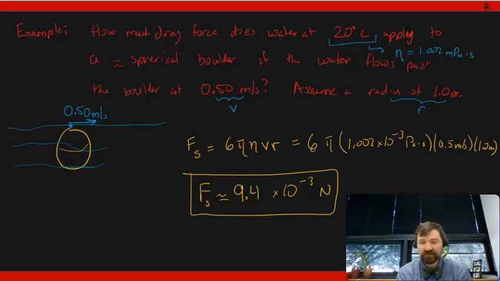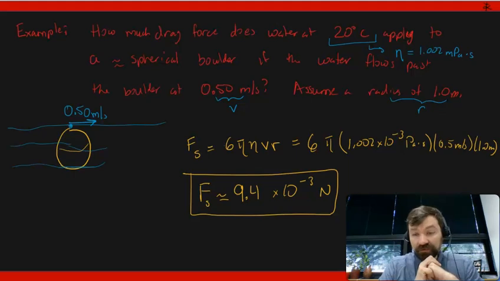There is, of course, a hidden assumption here, which is that water flowing at this flow speed past this boulder would actually be laminar. Is that assumption actually valid? And the answer to that question is actually no. It's not necessarily valid that this is totally laminar flow. In another video we will learn how to calculate a quantity called Reynolds number, which is an indicator of whether the flow will be laminar or not.